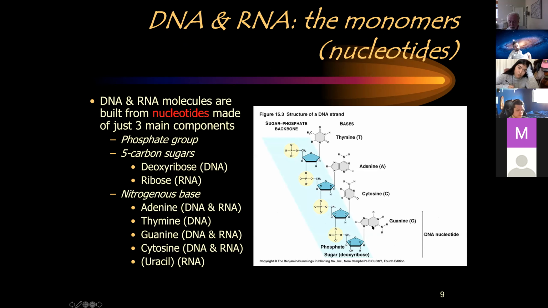The only variable is the base, and there are only 4 possibilities in DNA: G or C or A or T. The phosphates and sugars are always the same. They just repeat over and over and over. And the A's and T's and G's and C's repeat over and over. And it's the variation in these bases that establishes the code for specific genes.